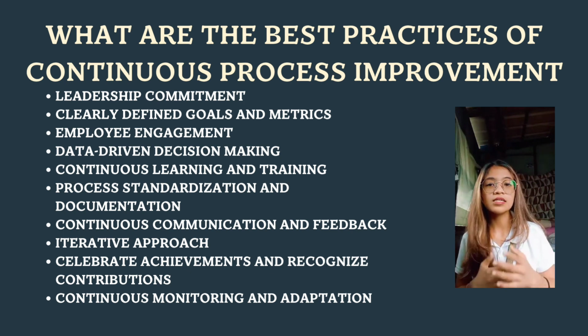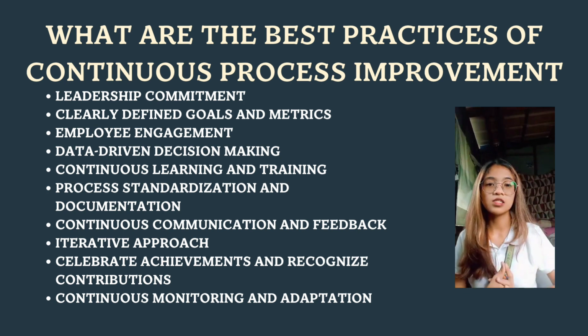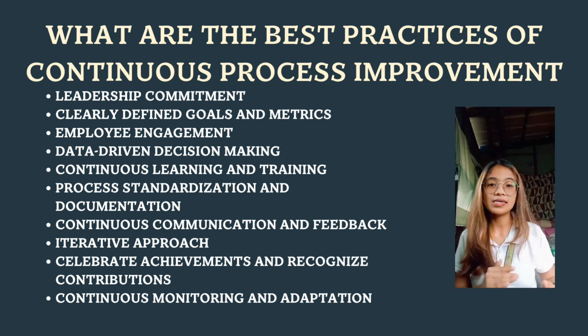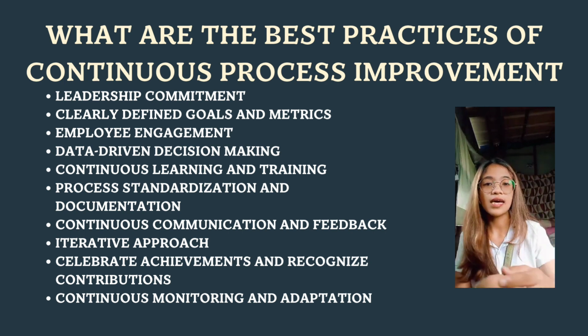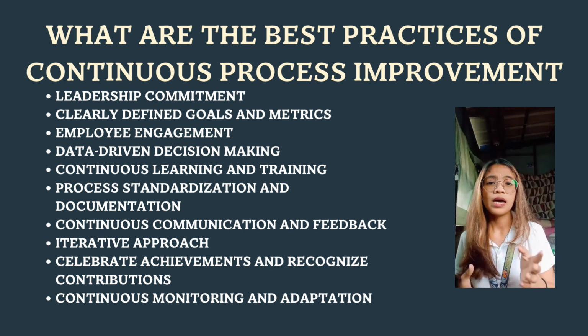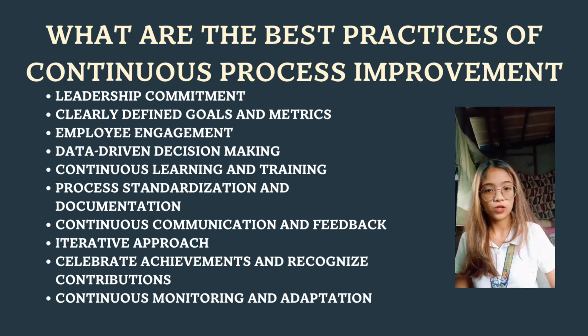The next one is continuous communication and feedback. Establish channels for open and transparent communication regarding improvement initiatives, and regularly communicate progress, successes, and challenges to all stakeholders. Encourage feedback from employees and stakeholders to gain insights and identify further improvement opportunities.